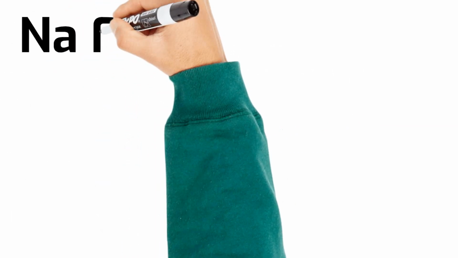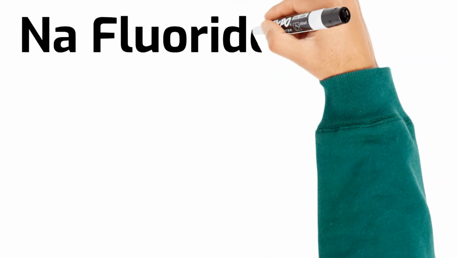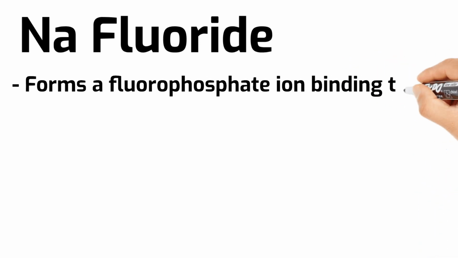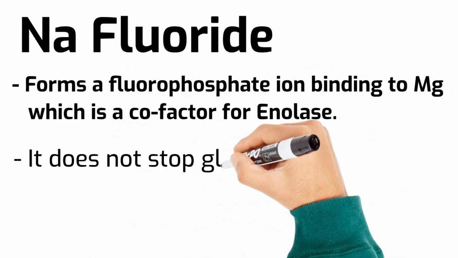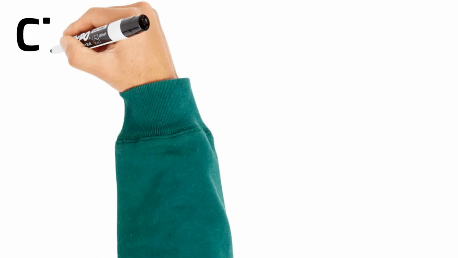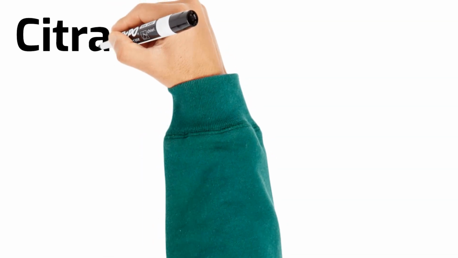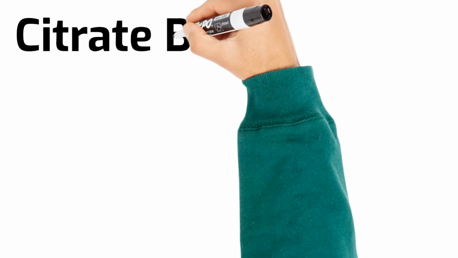Sodium fluoride inhibits enolase by forming a fluorophosphate ion binding to magnesium, which is a cofactor for enolase. However, this does not stop glycolysis in the first 2 hours. Studies have shown that use of buffer such as citrate to lower the blood pH is quite effective at inhibiting glycolysis.